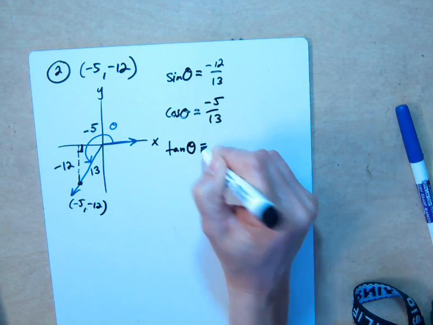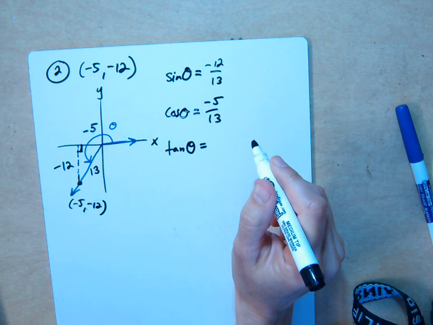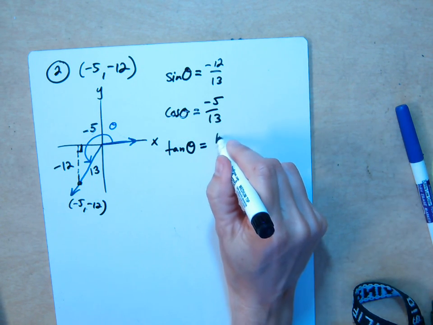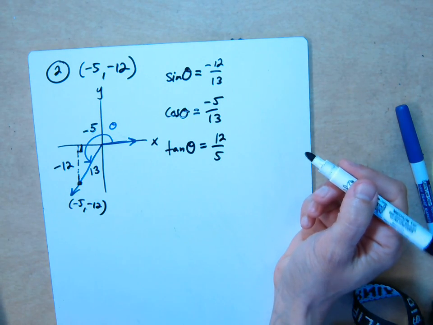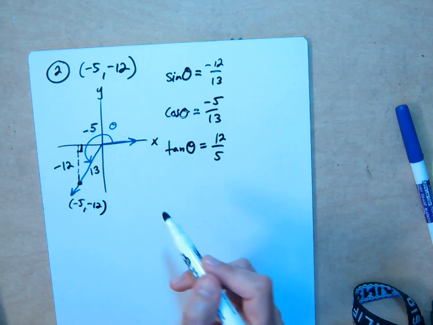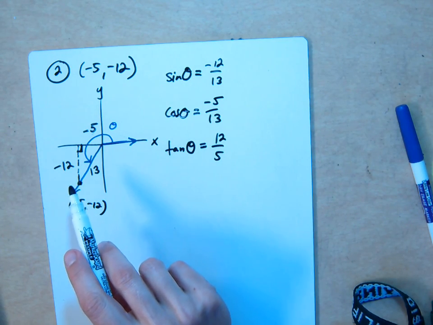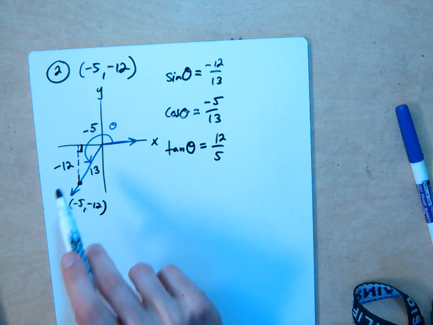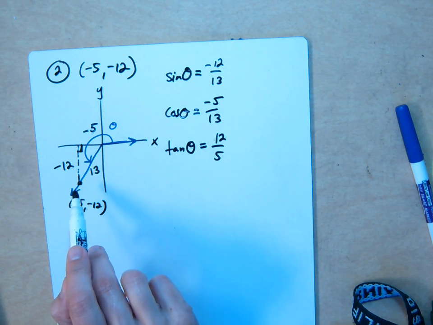Tangent is? Which simplifies to 12 over 5, yes, because they're both negative. So the tangent is positive in quadrant 3, always. Do you see that you can tell the tangent will always be positive in quadrant 3, because it'll always be negative, negative to move to that quadrant?